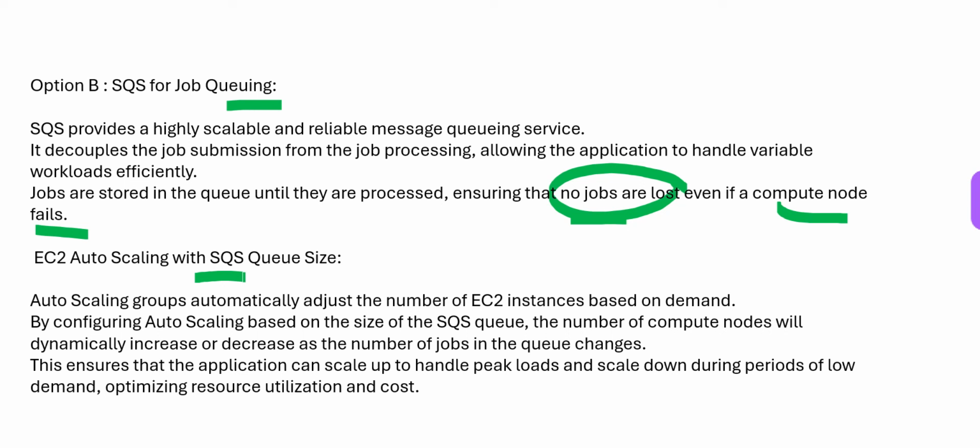That way, the size of the SQS queue decides your scalability. So the number of compute nodes will increase or decrease. Okay, this is a good setup. And what it means is your application can scale up to handle peak loads and scale down during low periods. So your resource utilization is managed properly. If you manage your resources properly, you will not need too many resources every time. So you will save money.